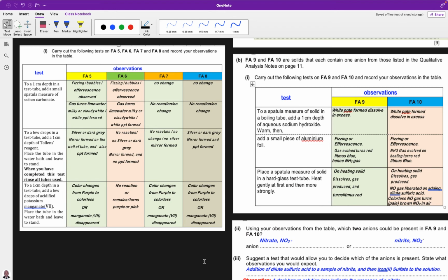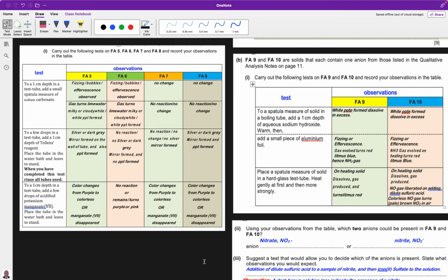Now it tells you what to add. When I did it in the laboratory, there was fizzing. Students could mention fizzing, bubbles, or effervescence. That was what I observed.